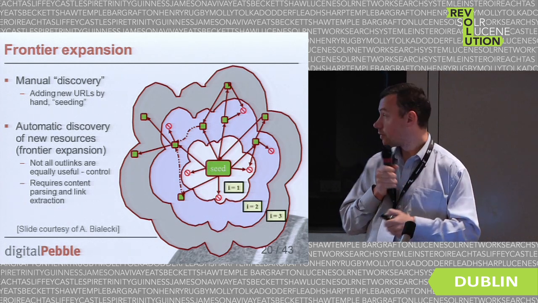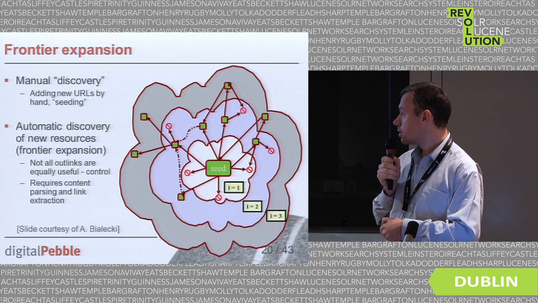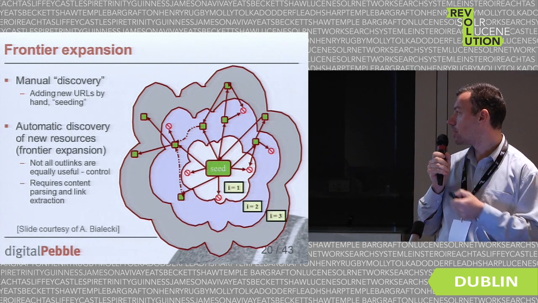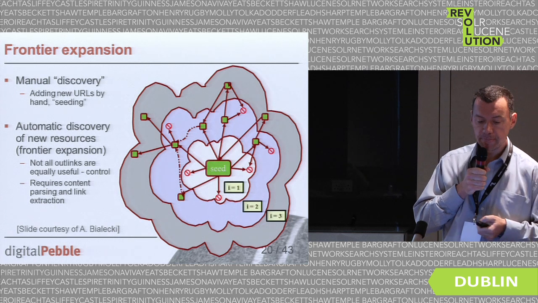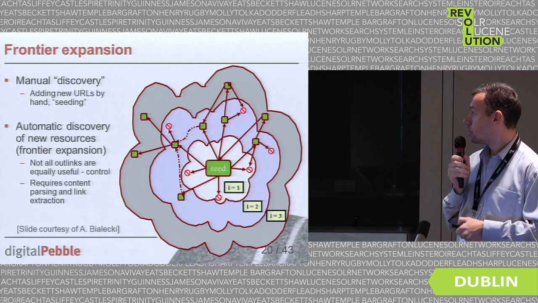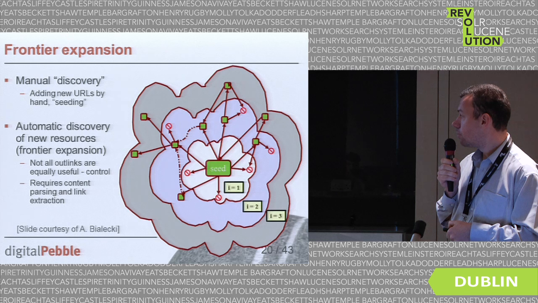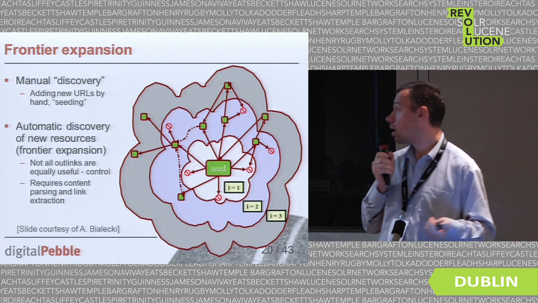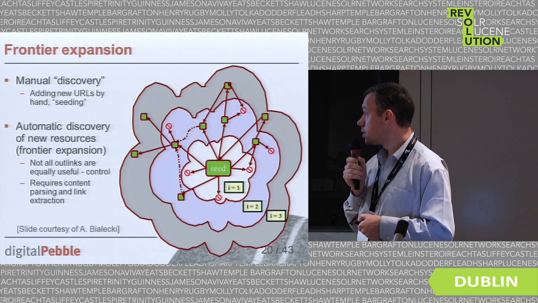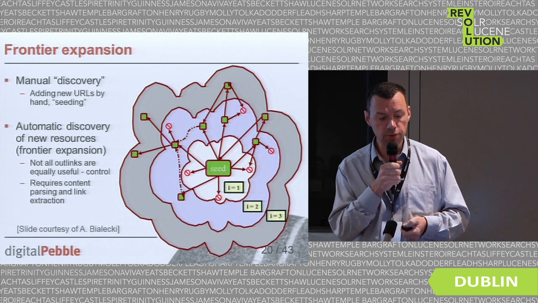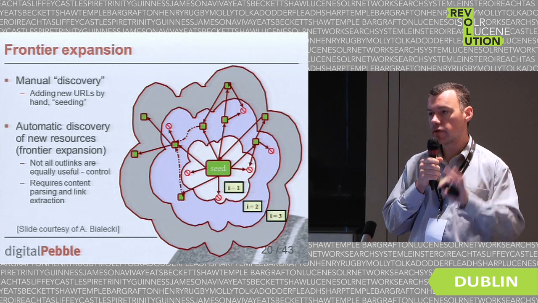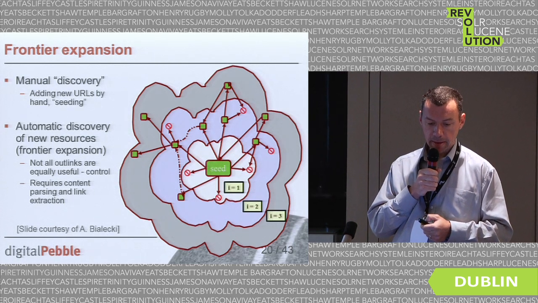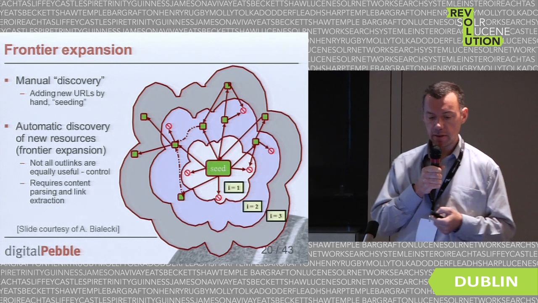Each cloud here, so to speak, represents one round of fetching, so basically one segment. And you can see we discover new documents here. We can see the links between the documents. Not all documents are useful, which you can see here. So we have ways of controlling the way we discover new URLs, and we can filter the outlinks.